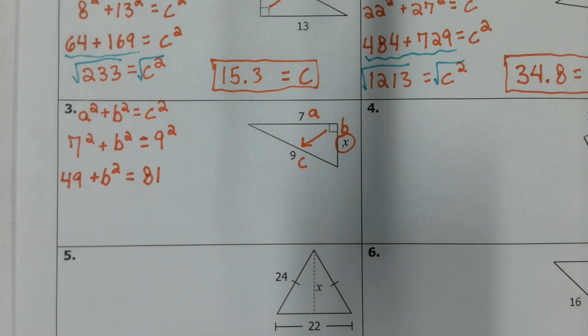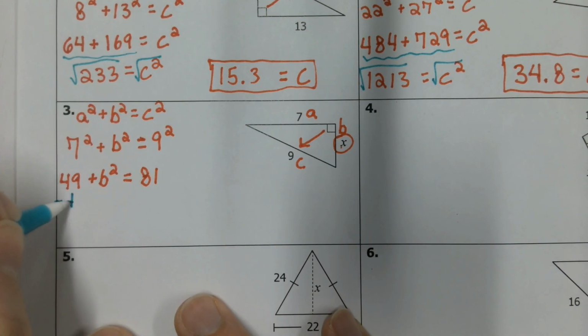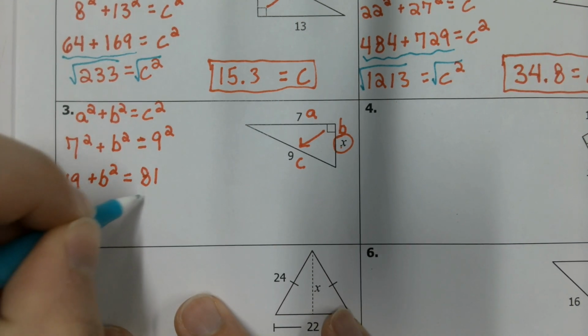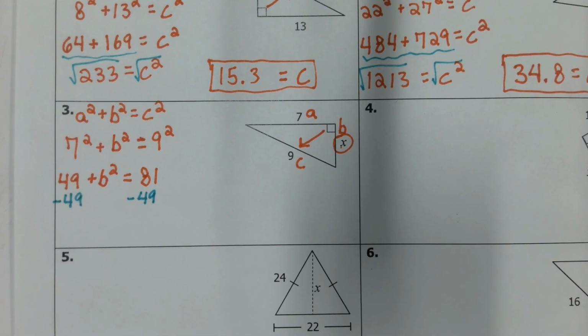So from here, I need to move a term over. So I need to move 49 to the other side by subtracting. And that's going to cancel out my terms there on the left. And then I need to do 81 minus 49, which is 32.